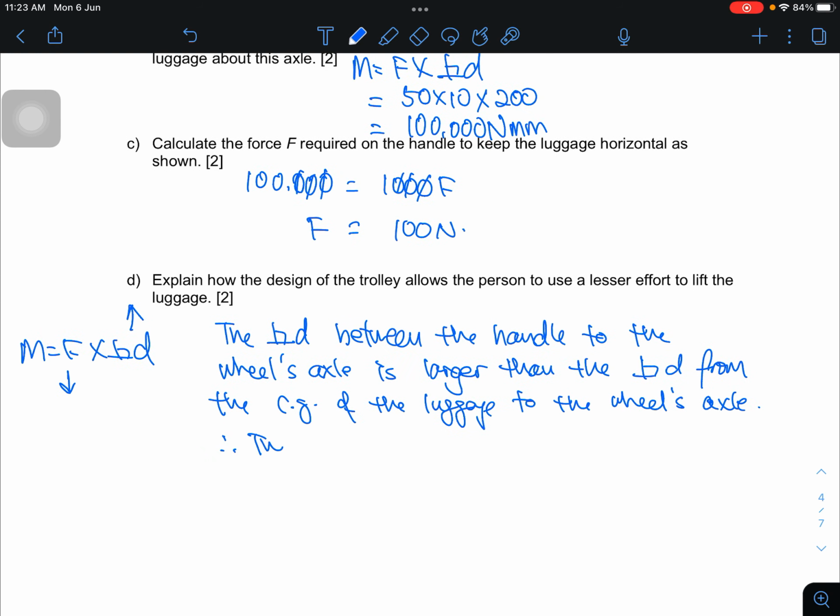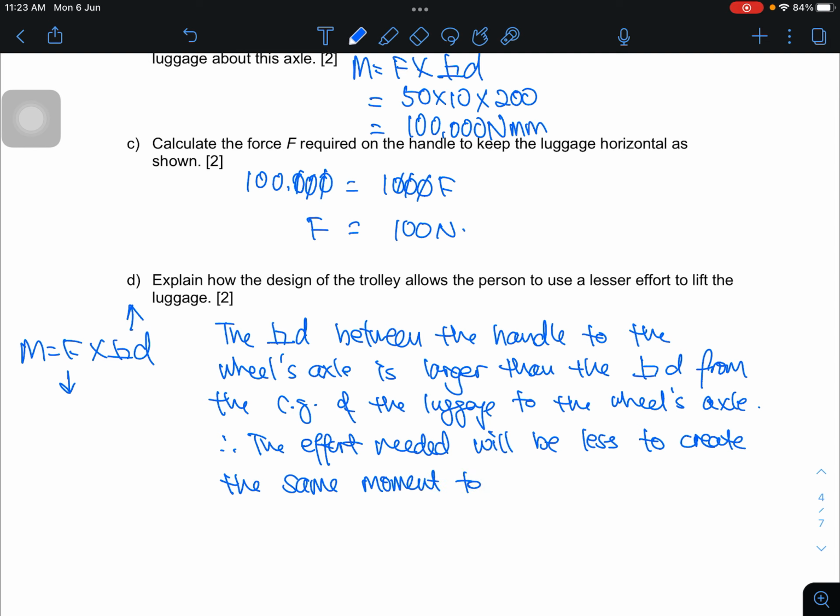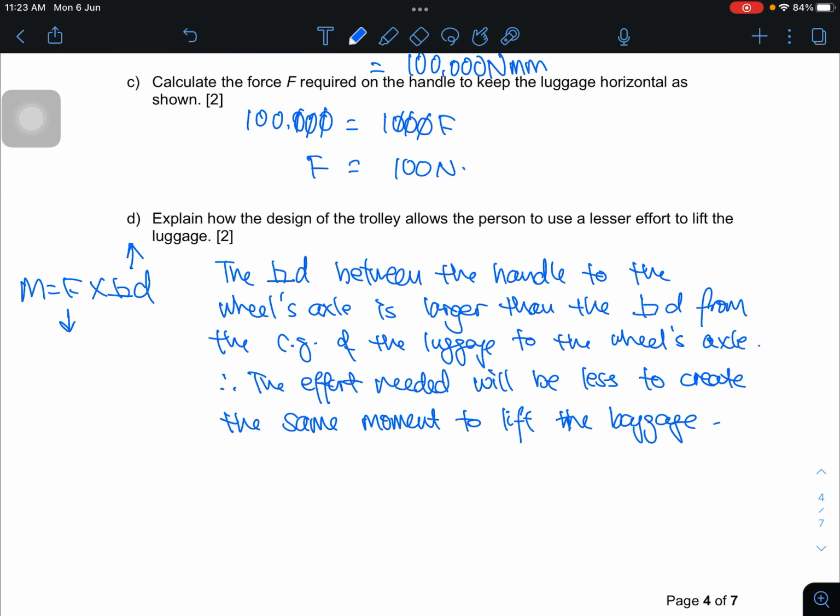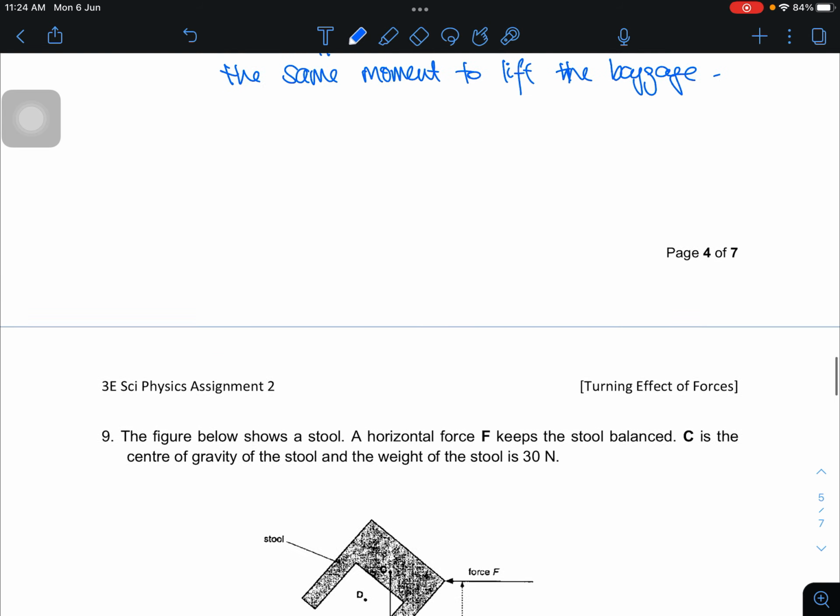Therefore, the effort, which is force, needed will be less to create the same moment to lift the baggage. Baggage, luggage. So this is where the 2 marks come from.